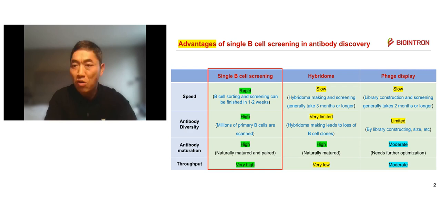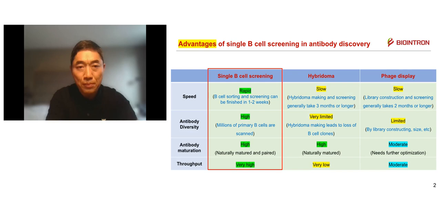For phage, maybe not that bad, but library construction, panning, and screening still generally take like 2 months or even longer. But with single B cell screening, it's just days, like 1 to 3 days or 1 week for B cell sorting, NGS, and screening. So single B cell screening is a faster track.